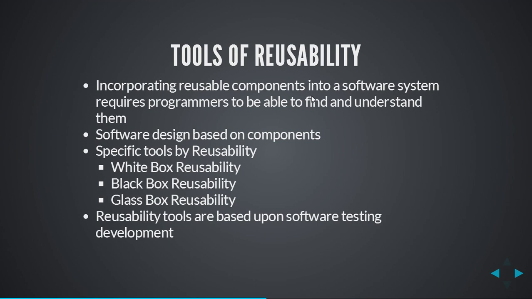However, this may have negative effects because the code has to be tested again since we have modified it. And the black box reuse, in contrast to white box reuse, entails using software components as is with no code modifications.